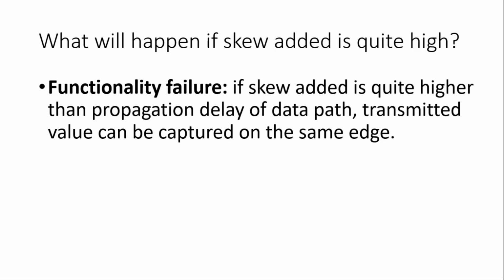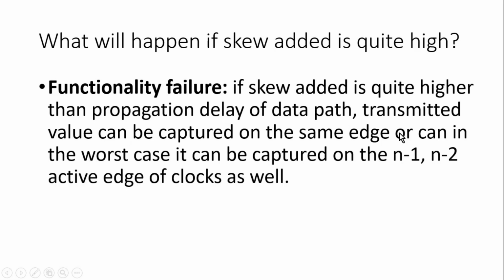Let us talk about the first one, that is called functionality failure. If the skew added is quite higher than the propagation delay of the data path, that is TCQ plus TCL, the transmitted value can be captured on the same edge, or in the worst case, if the value of skew is quite higher, the transmitted value can be captured on n-1, n-2 and so on active edges of the clock as well, which is not expected.